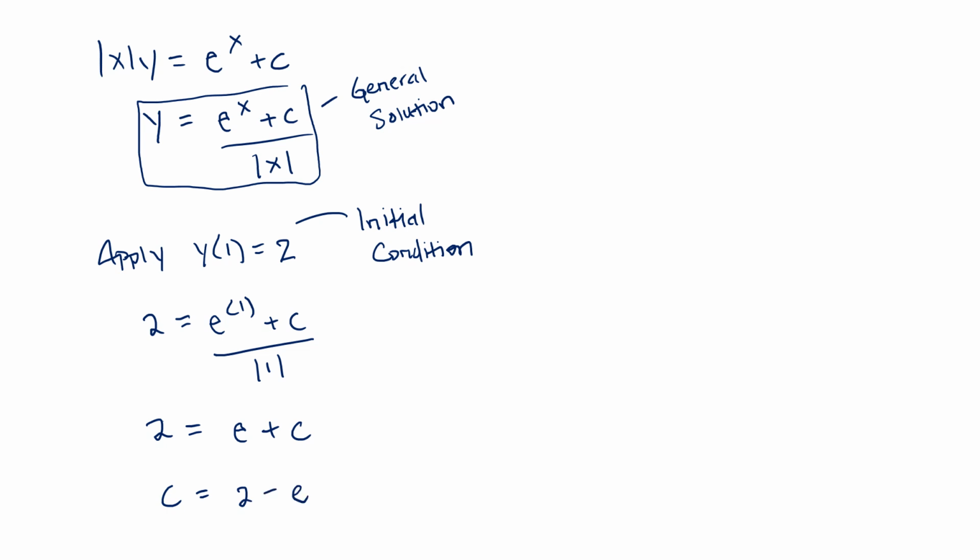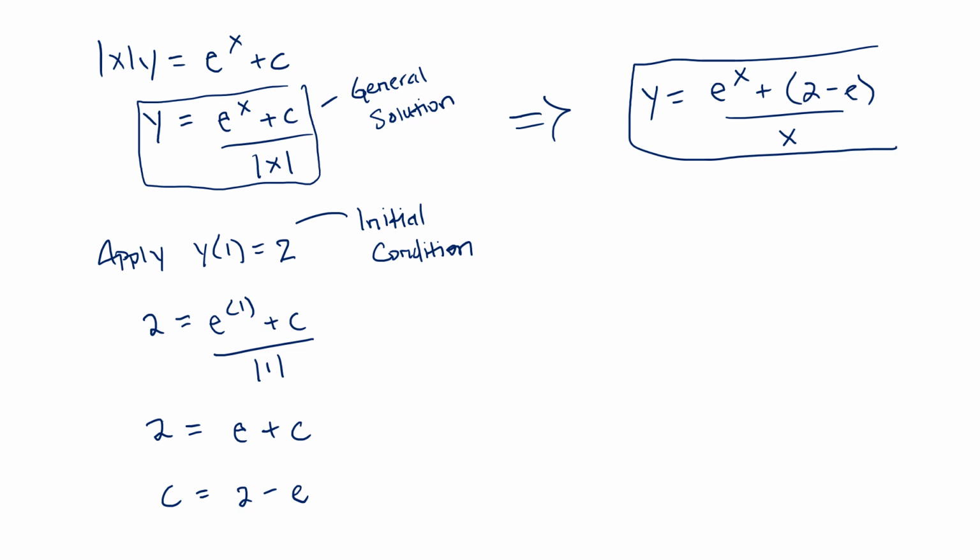So now that we know what c equals, we can rewrite our general solution as y equals e to the x plus 2 minus e over x. And this is our particular solution.